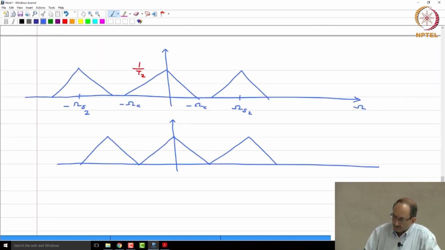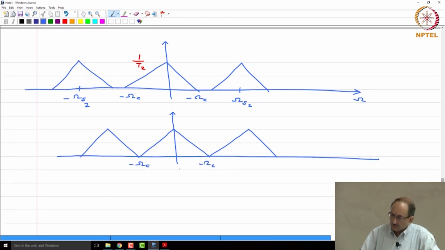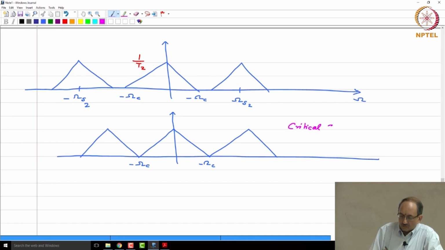So, this is omega c, this is minus omega c. So, this is when the sampling frequency is what is called the critical sampling frequency, that is, they just touch each other.